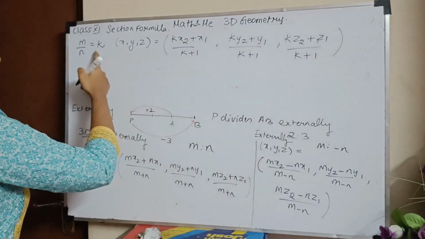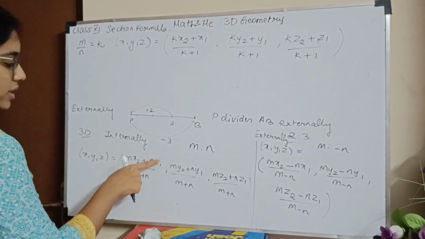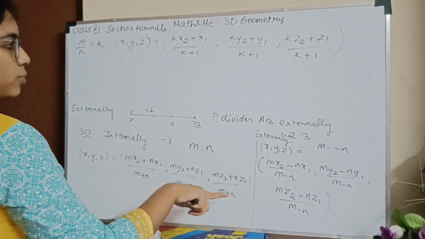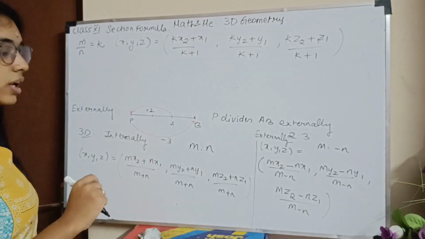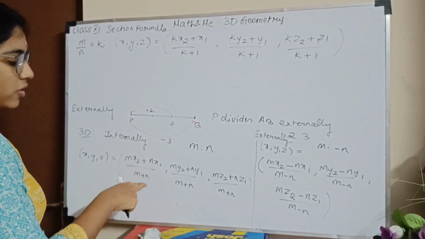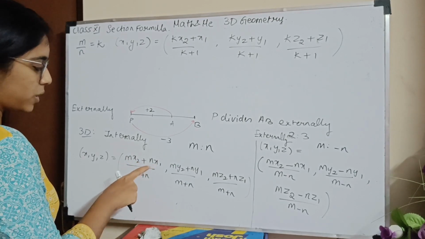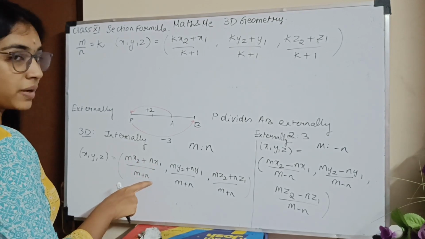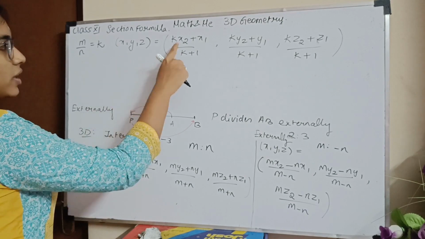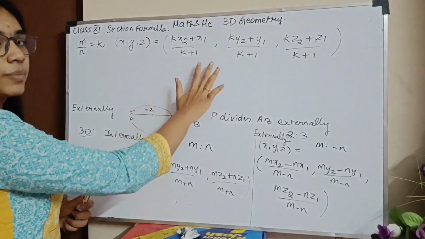When I take k to be m divided by n, this formula changes into the earlier one. In the numerator and denominator, dividing by n, you'll have (m divided by n times x2 plus x1) divided by (m divided by n plus 1). So instead of m divided by n, you're writing k. This will be your formula.